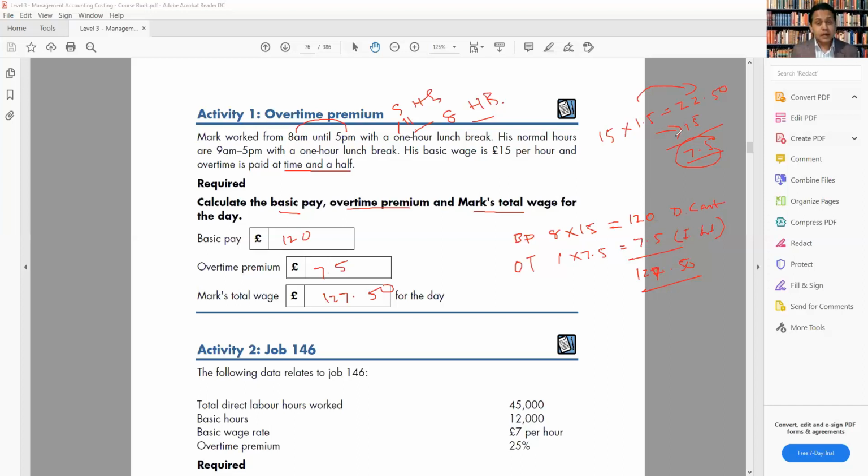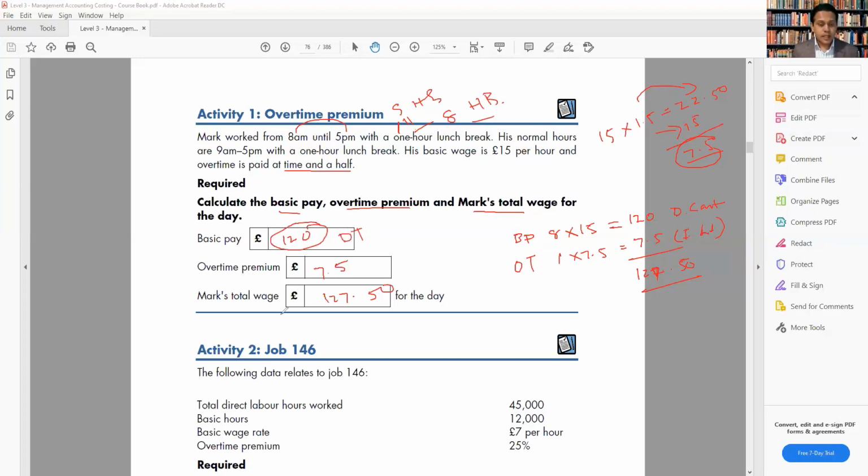15 is my salary per hour anyway. So I'm working 1 extra hour as overtime. You are not paying 22.50 as overtime. You are paying me only 7.5 as overtime because the other 15 is my basic pay. If I work any hour, I get 15 anyway. Luis, you have to make sure you separate it, because the basic pay is 120 and the basic pay is the direct cost.